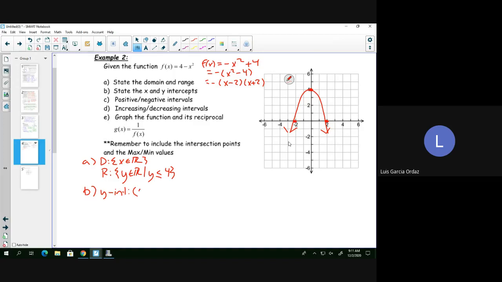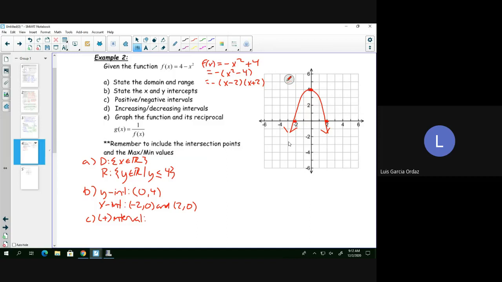And our x-intercepts, because of the difference of squares, we have negative 2 and 0, and 2 and 0. So at what point is the graph above the x-axis?